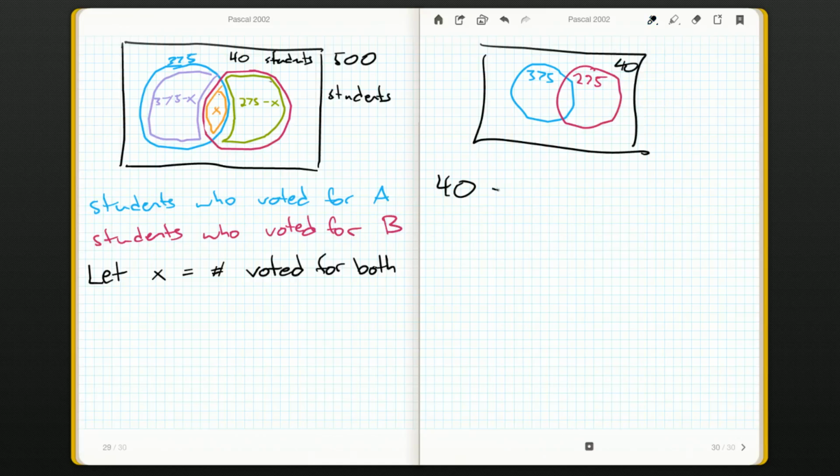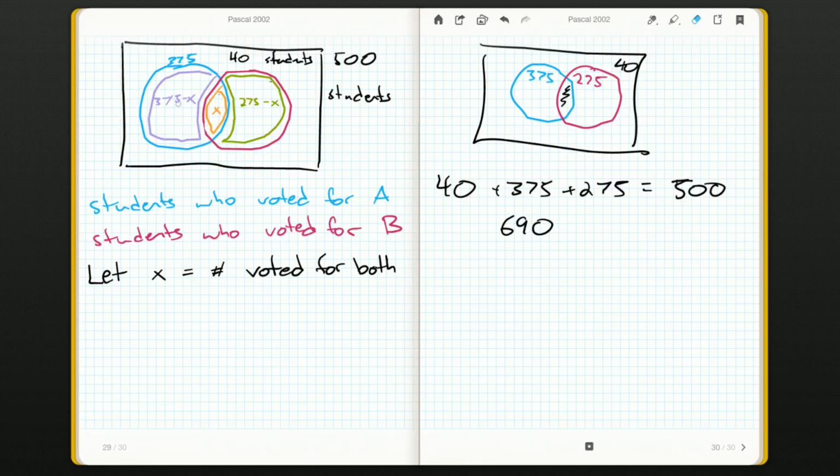So 40 plus 375 plus 275 should be 500. But if we actually do the calculation over here on this side, 375 plus 275 plus 40, that's a total of 690 students. We have counted some extra students. We've counted these students both as part of the blue circle and part of the red circle. So you can't add them all up to be 500 and have some overlap.